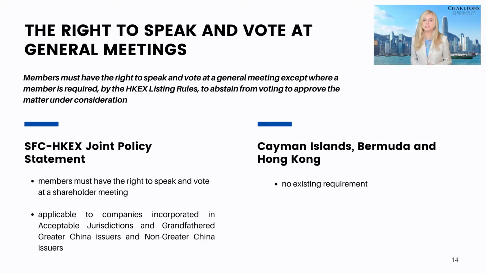The Hong Kong Exchange therefore considers that there is an expectation in the listing rules that all listed companies should provide members with a right to speak. The proposed core standard will be applied to all Hong Kong Exchange-listed companies to align shareholder protection standards across all jurisdictions.